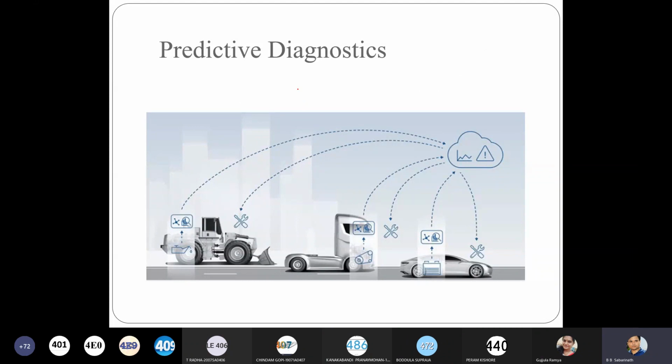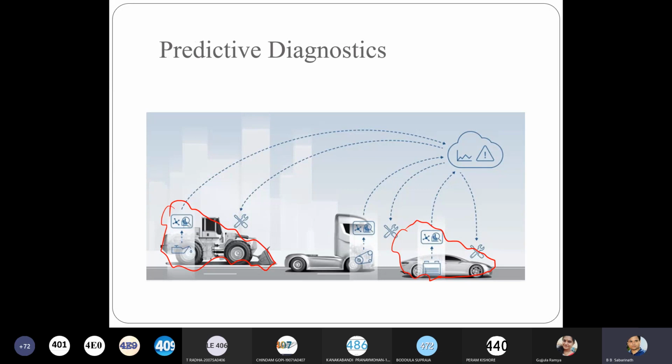Like that, predictive diagnostics. You can have sensors inside a truck or inside your car, collect the data from those sensors, and predict even before your car gets damaged what part is going to be damaged, when your car requires service, and whether your car requires engine oil to be replaced.